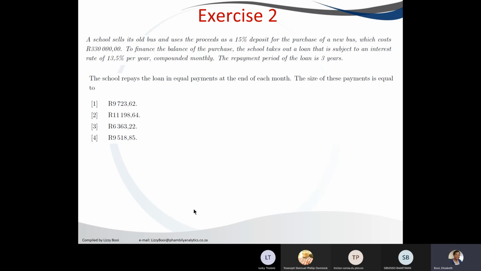That is our present value. And 3 years, second function N again for our period. And the interest rate is 13.5, which is our I/Y. And if I comp payment, that will give us option number 4.